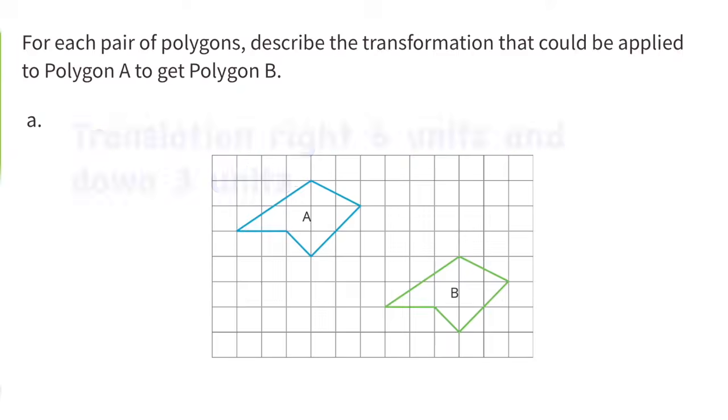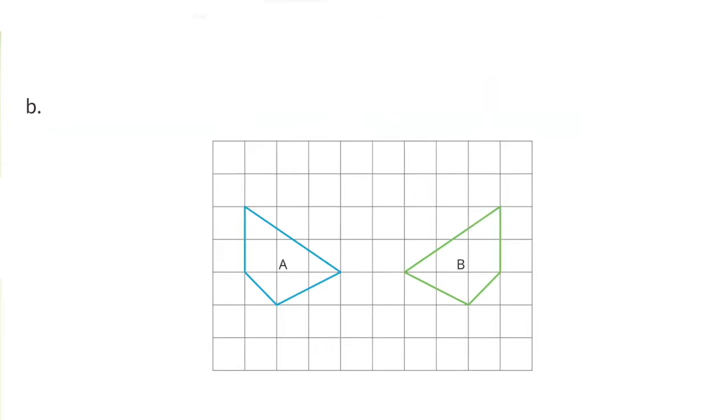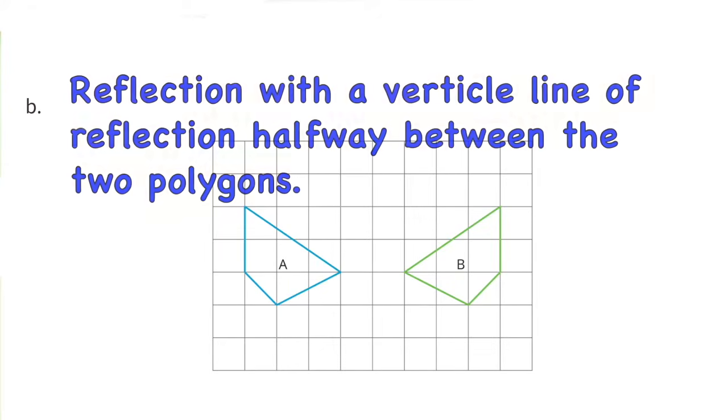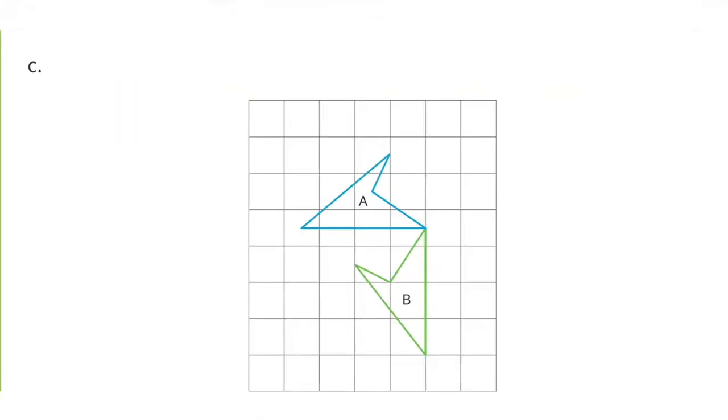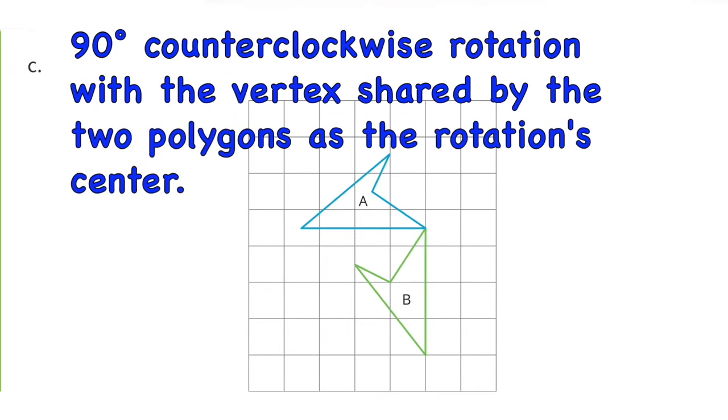B. A reflection with a vertical line of reflection halfway between the two polygons. C. A 90-degree counterclockwise rotation with the vertex shared by the two polygons as the rotation's center.